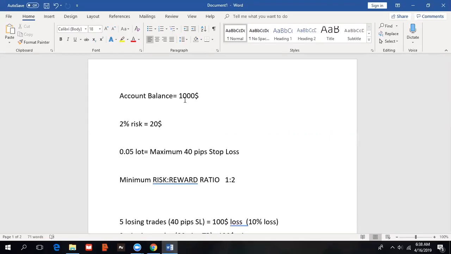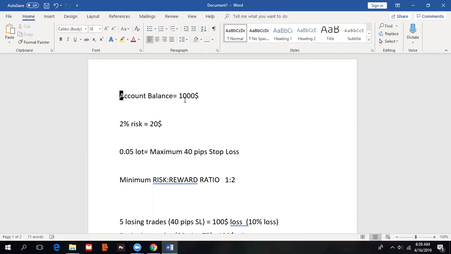And so let's say you have your stop loss at 40 pips. In order to lose maximum $20, you need to use a 0.05 lot. And you should always calculate these things, like what you have to risk maximum per trade and what lot you need to use to risk maximum that amount.